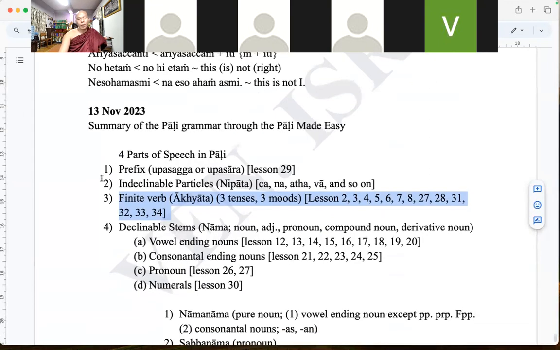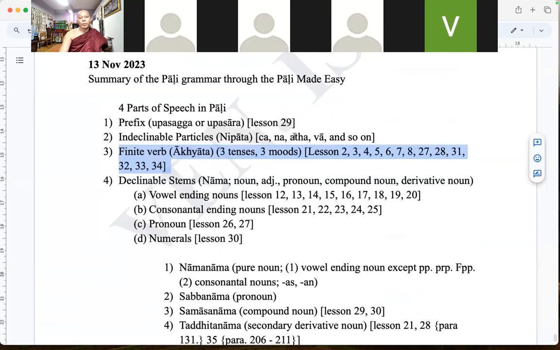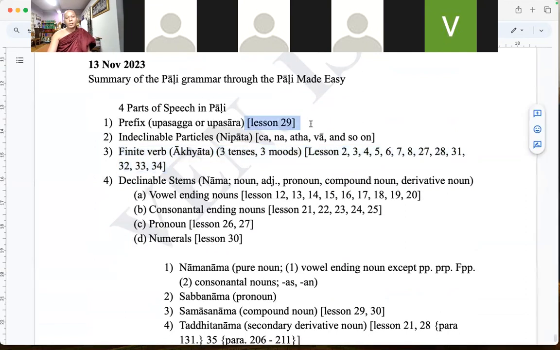And then, based on this summary, if you want to know about the prefix, you can see lesson 29. And then the indeclinables are maybe scattered in the lessons. But for the finite verb, lessons 2, 3, 4, 5, 8, and 27, 28, and 31, 32, 33, 34. Okay.